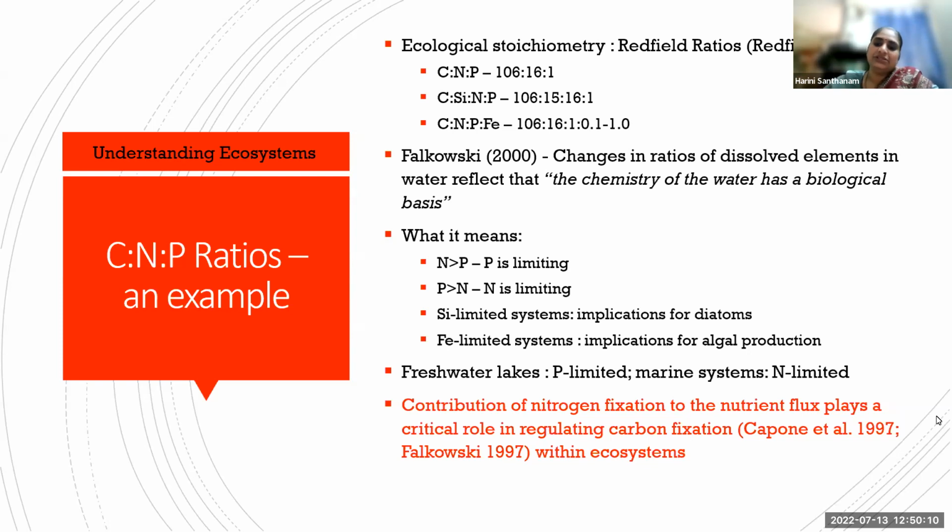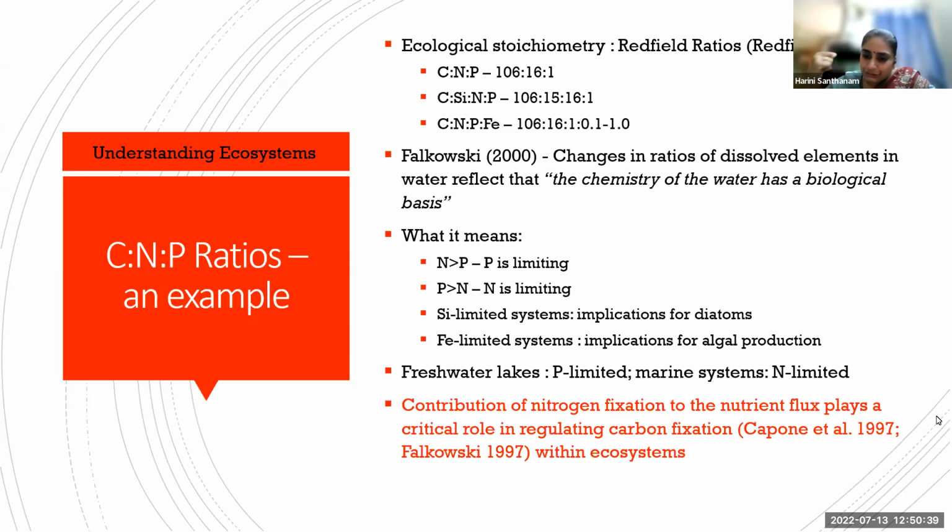Okay. So now we also have to understand within ecosystems, as I already mentioned, that freshwater ecosystems tend to be phosphorus limited, and marine systems or coastal systems tend to be nitrogen limited. But there can always be exceptions, and these exceptions should be looked at through the stability perspective that we earlier discussed about ecosystems. Has the ecosystem changed or evolved over time?